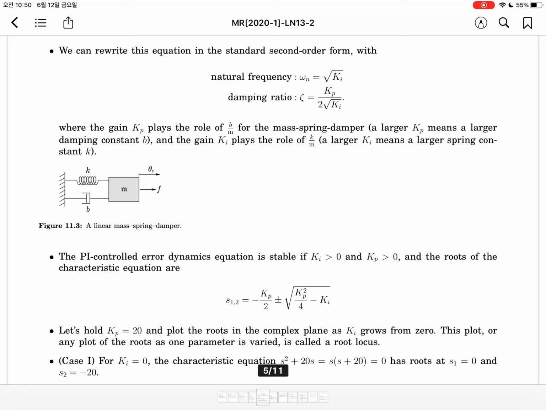Okay, it's not difficult. So we have this equation. Okay. I think if you are good at the concept of a mass spring damper, then Kp corresponds to b over m, Ki corresponds to k over m. So when some factor is increased or decreased, it can be imagined using the mass spring damper system.